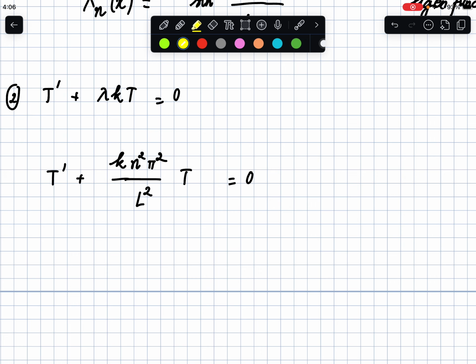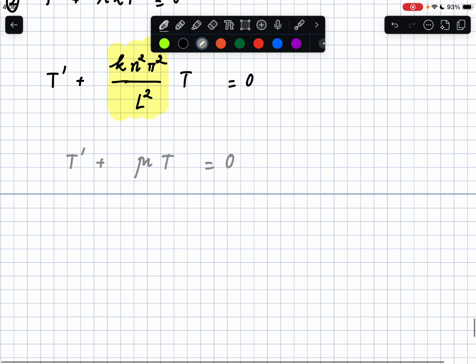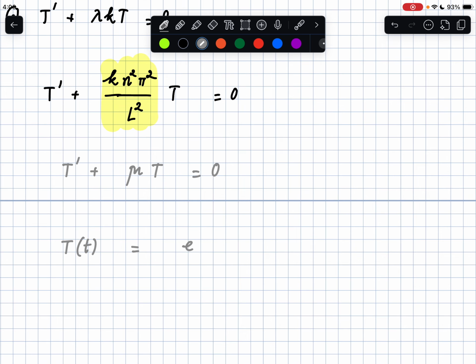Remember that this one is just a number, so it is of the form T prime plus mu T equals 0, and this one we know the solution: T of t must be e to the power minus mu t.